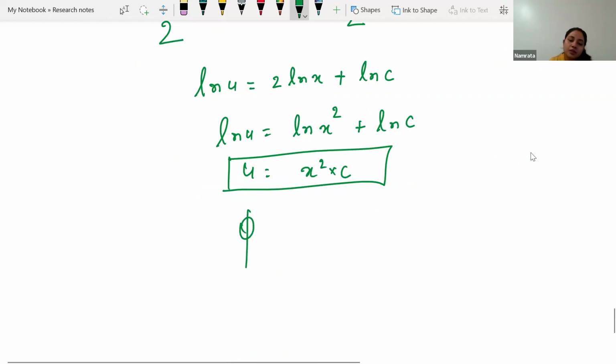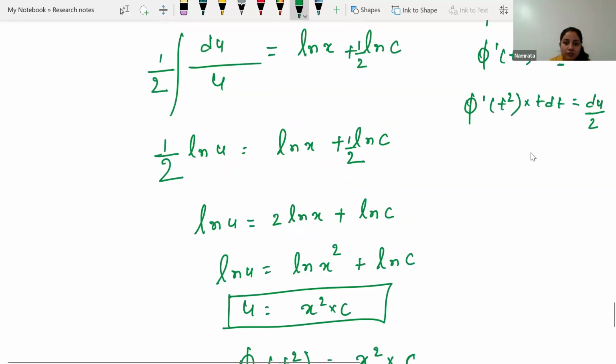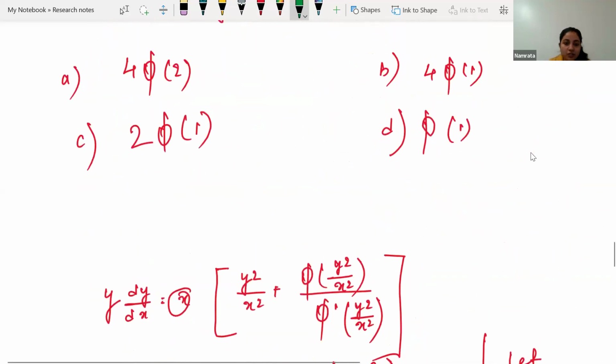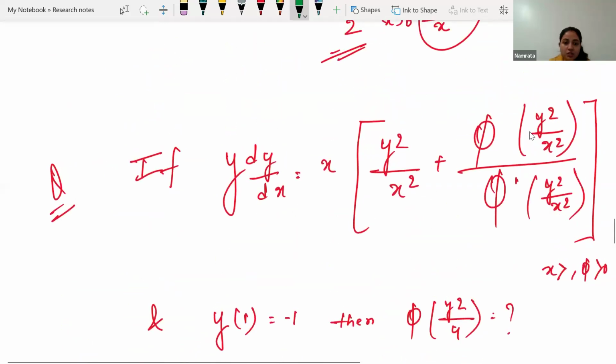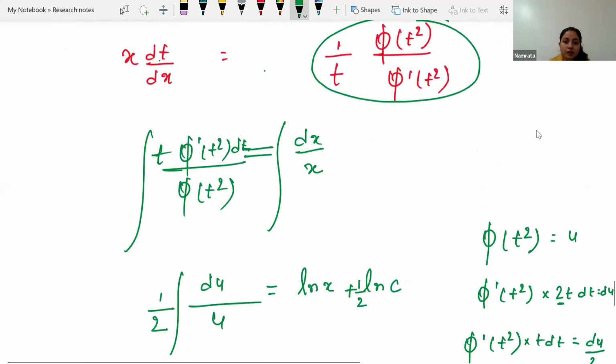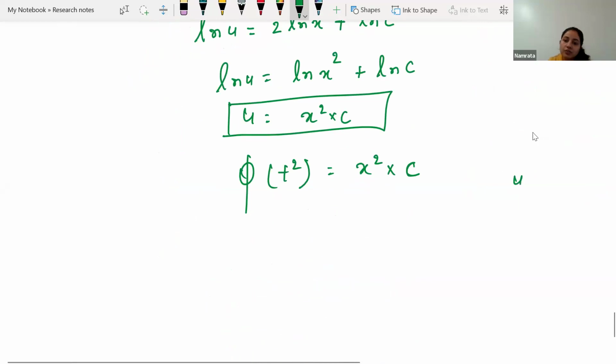This u is phi of t square. Phi of t square we are having x square into c. If we will substitute the given condition, that is y of 1 is equals to minus 1. Anything else given over here as a condition? No. So it is given as y of 1 is equals to minus 1.